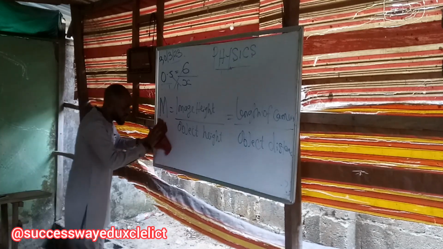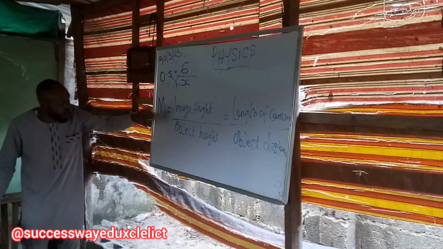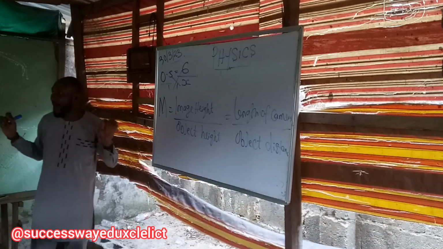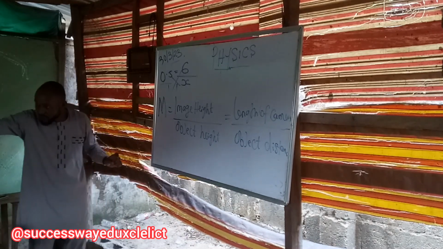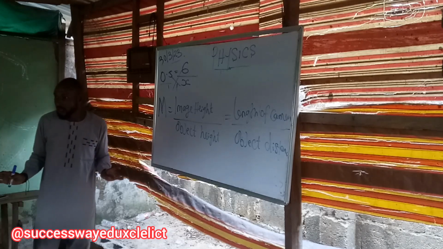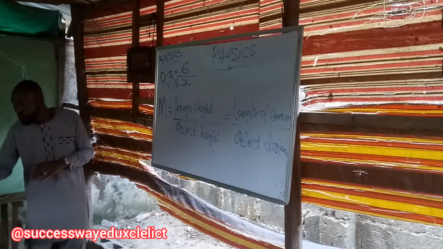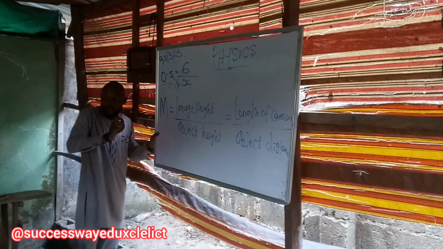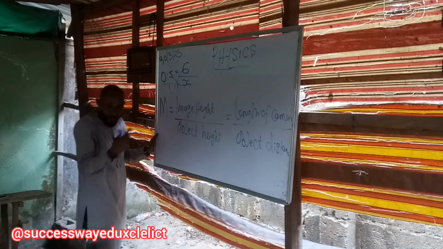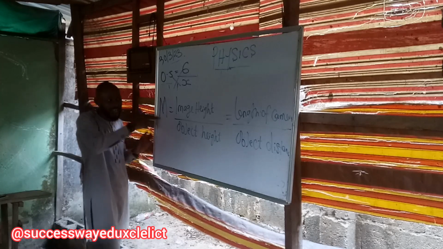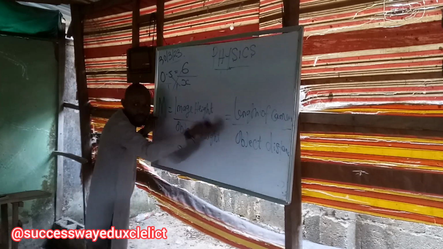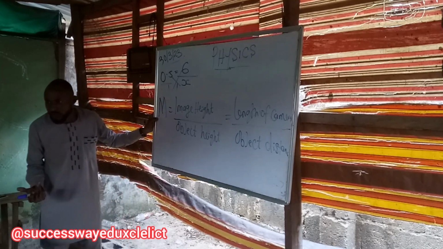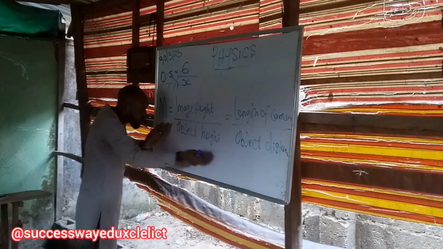So that is to mean, however it goes, you must use one of these formulae to get your magnification first, because the question didn't give us magnification. Except in a situation in which you are given your magnification, you can just substitute directly. But in this case, you are not given. So how can we be looking for two unknowns simultaneously? It's very, very difficult. So you see that we must use this one to get this.